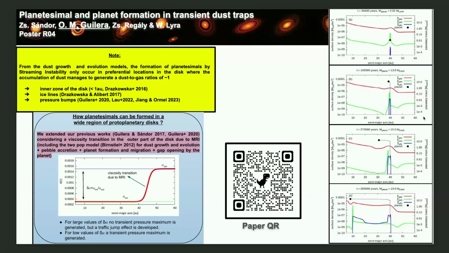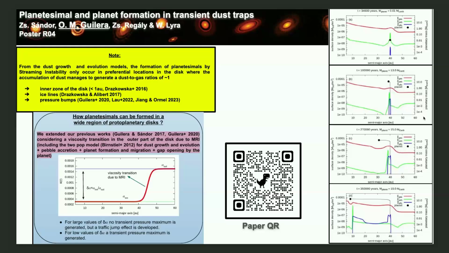We model the pressure bump, considering transitions in the viscosity due to the MRI. We show that for low values of the ratio between the viscosity in the dead zone and the active zone, we can form a pressure bump that at some point in the evolution of the disk disappears.